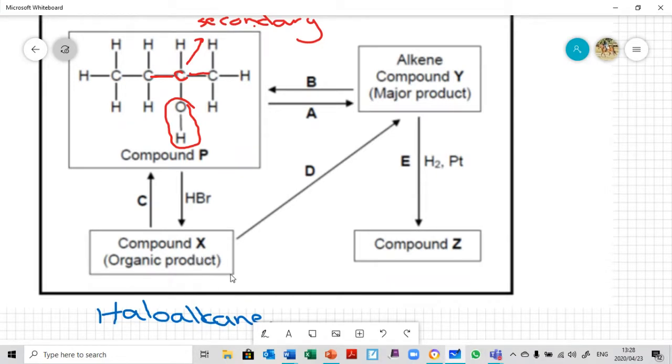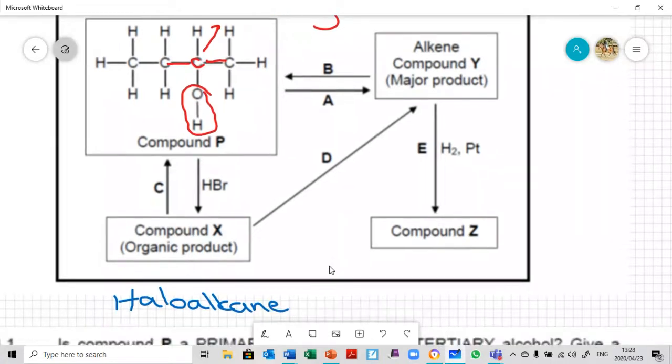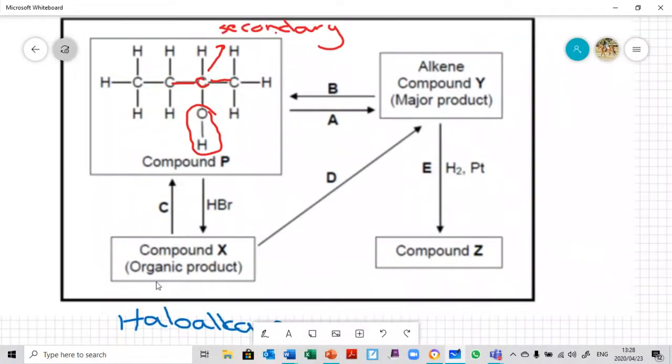But that's not the question. The question is, what is D? Okay, so D is an elimination reaction. They said so, elimination reaction. And D forces a haloalkane to become an alkene.